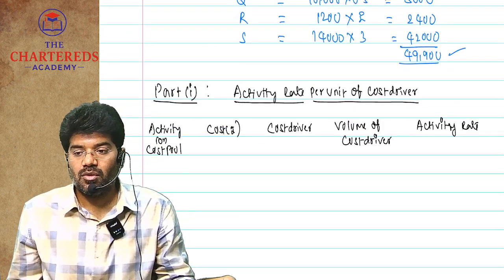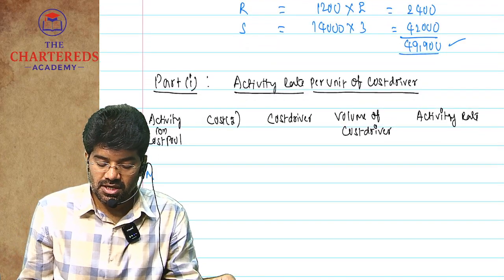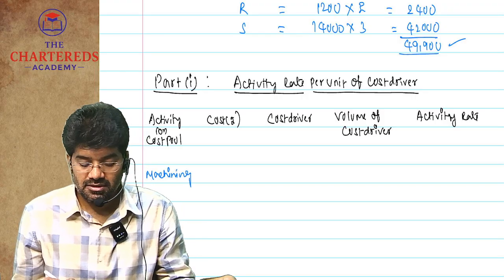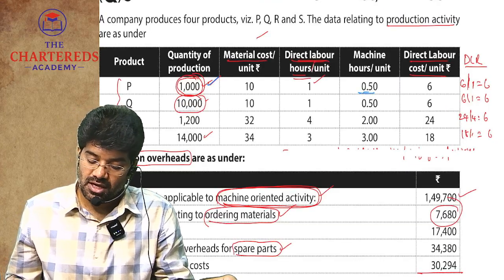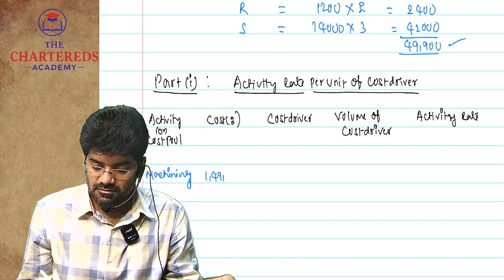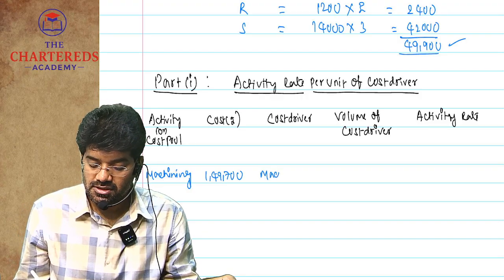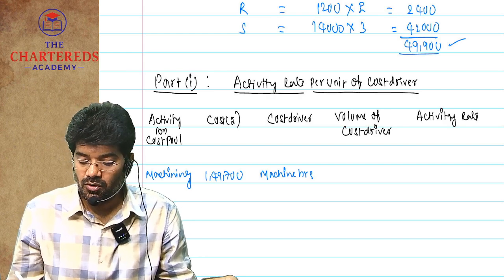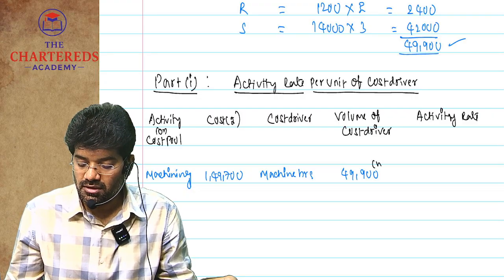Now what is the first activity here? Machining. Machine related activity, so we can use the word machining as the activity. For that, the cost they have given is 1,49,700. What is the cost driver applicable for this? Machine hours. What is the budgeted volume? We got 42,000 from working note number 1.